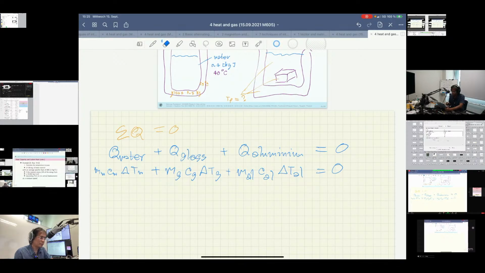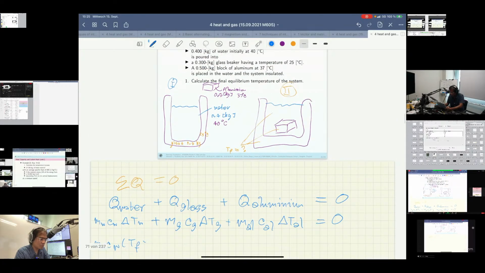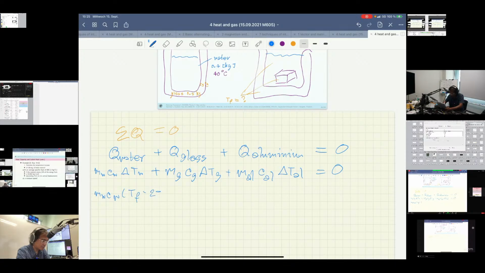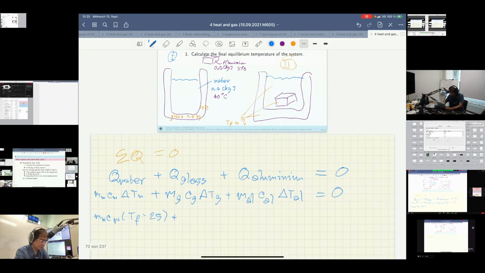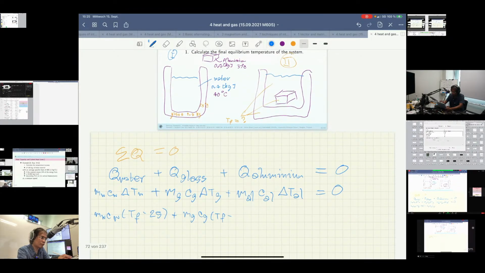We have to solve this equation for TF. MWCW, and TF minus TI, T initial for water, which is 25, plus mass of the glass, which is 0.3, C of the glass, TF minus, no, the water starts from 40 degrees.